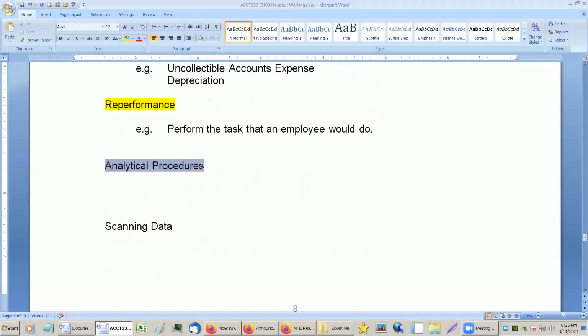Analytical procedures. I think we talked about those, didn't we? Maybe we did. They're usually ratios. So your ratio analysis, you can come to your current ratio and all that kind of stuff. Those are used as analytical procedures.